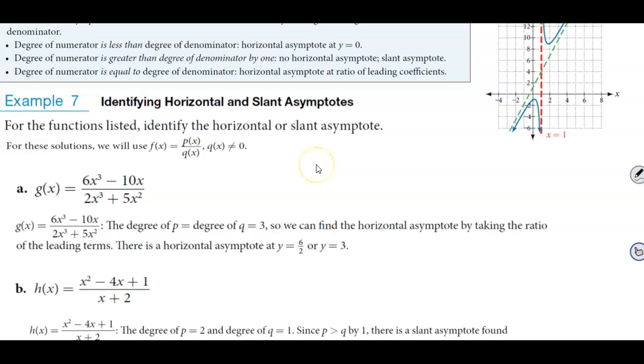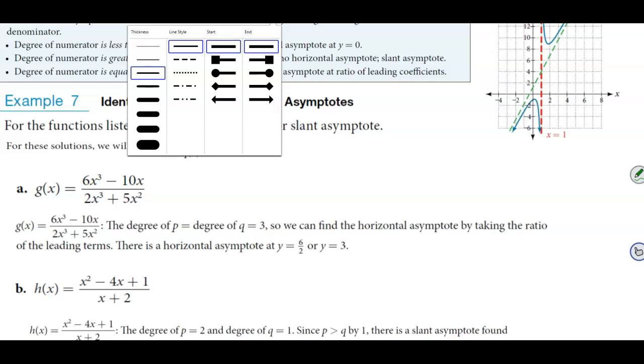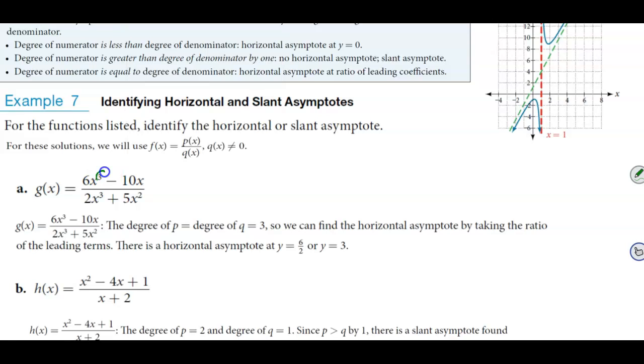We have g of x equals 6x cubed minus 10x over 2x cubed plus 5x squared. The first thing we want to do is look at the degree of the numerator and the degree of the denominator. If you notice, the degree of the numerator is 3 and the degree of the denominator is 3 as well.